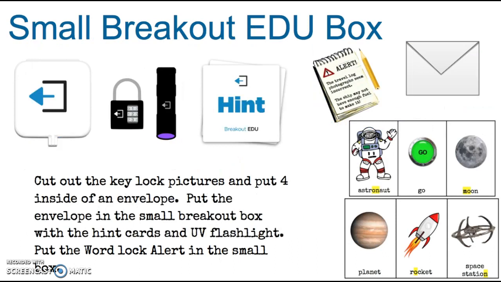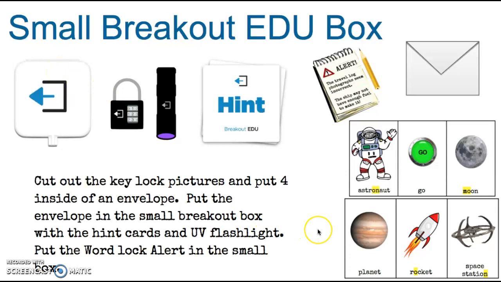On the small Breakout box, you will have the 3-digit lock, and inside you're going to place the UV flashlight, the hint cards, an envelope that has the key lock pictures cut up. Now, to make it slightly challenging, you're only going to put 4 of these pictures inside of the envelope that will go in the small Breakout box.